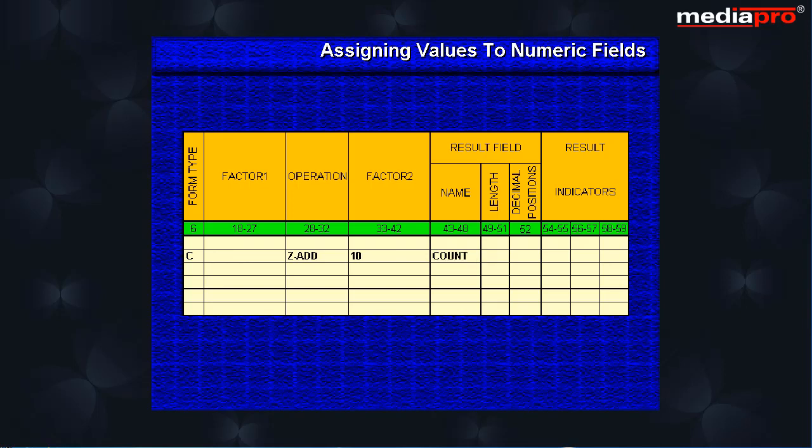This operation initializes the count field to 0 and then assigns the value of factor 2 to it. It is most useful for initializing fields to 0. The Z-sub operation works similar to the Z-add operation. The value of the factor 2 field is multiplied by -1 and the product is stored in the result field.